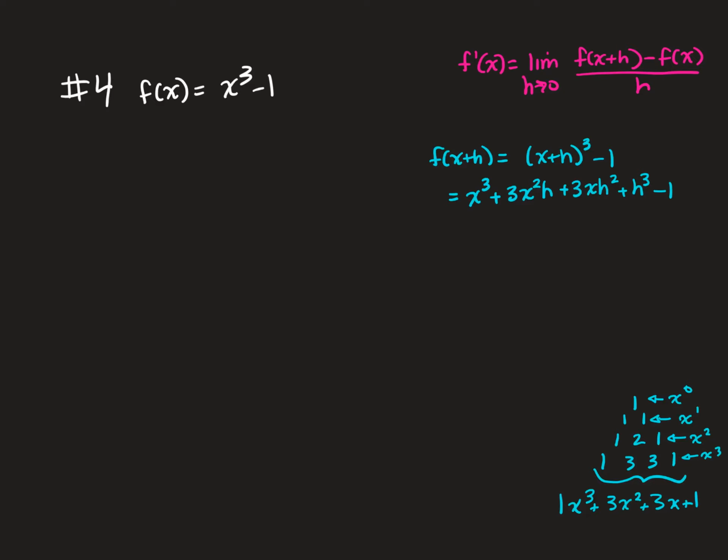If it's (x plus h) cubed, then we start with the powers of x decreasing, so you have your powers of x that go from 3 to 1 to nothing. And our powers of h work opposite: they decrease from right to left, increase from left to right. So it'll look like this, and then no h. And that's where that expression came from that you see up above.